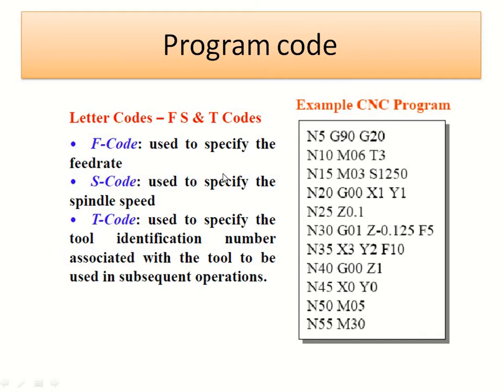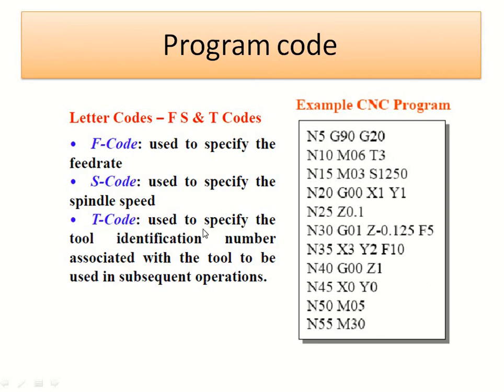In a similar way, there are the F, S and T codes. The F code is used to specify the feed rate, for example F5, F10. The S code is used to specify the spindle speed, for example S1250 represents the spindle speed.